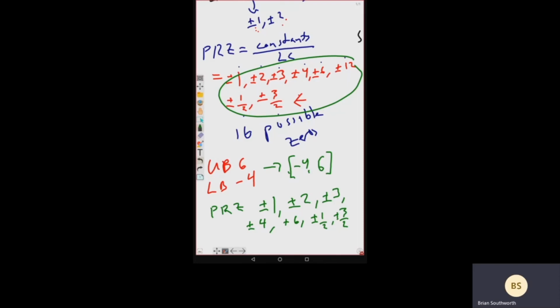So how many possibilities do I have now? 2 there, 2 there, 2 there, 2 there, that's 8. 2 here and 2 here makes 2, 4, 6, 8, 10, 12. And that 6 makes 13 possible rational zeros. So it didn't cut down by a lot, but it cut it down by something.